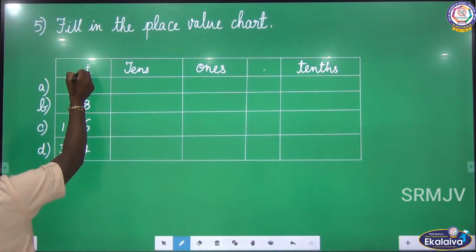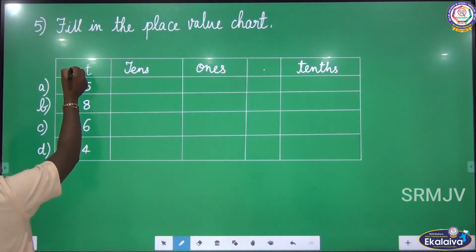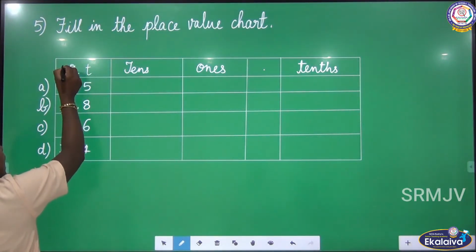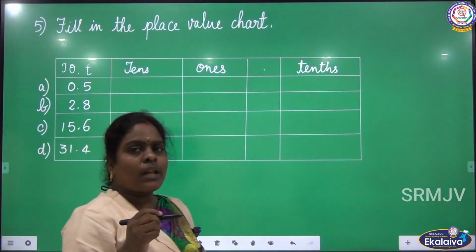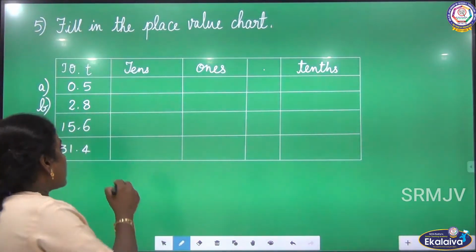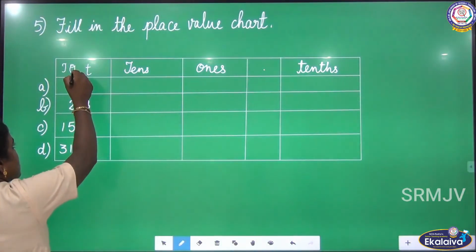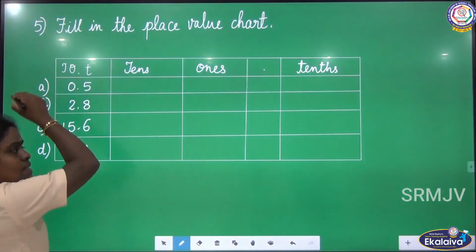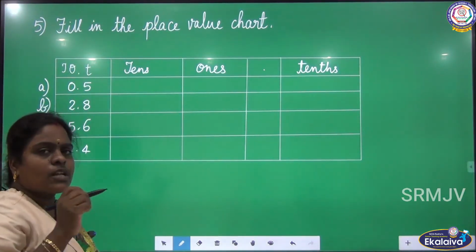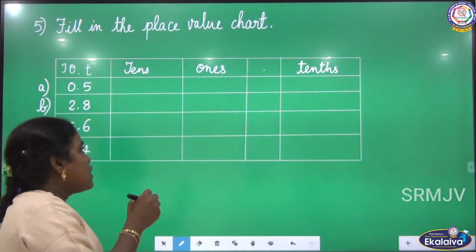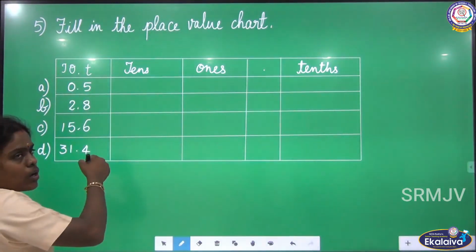And before the dot, it is ones and tens. So it is the normal place value for the whole numbers. We have to start from ones, tens, etc. And here after the dot, we have to start from tenths because it's part of the whole.